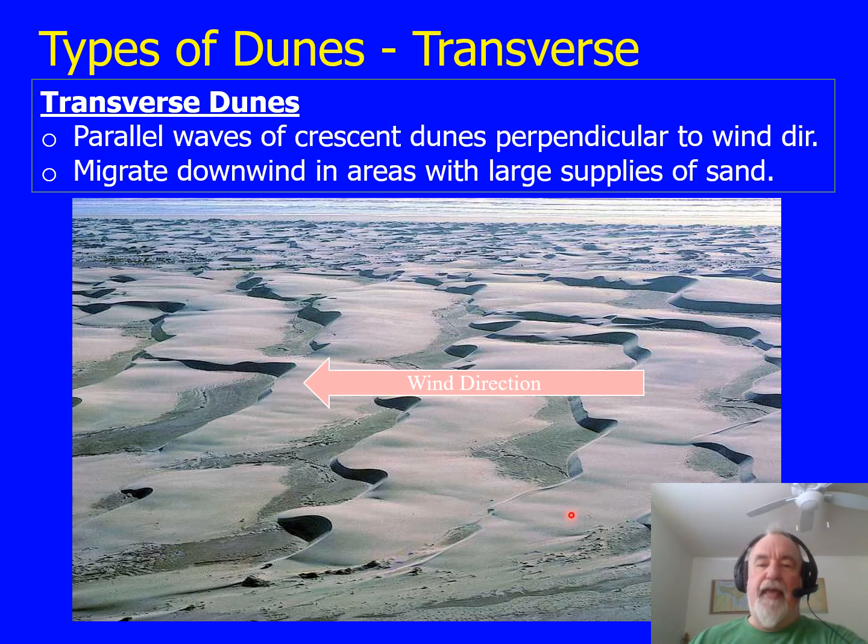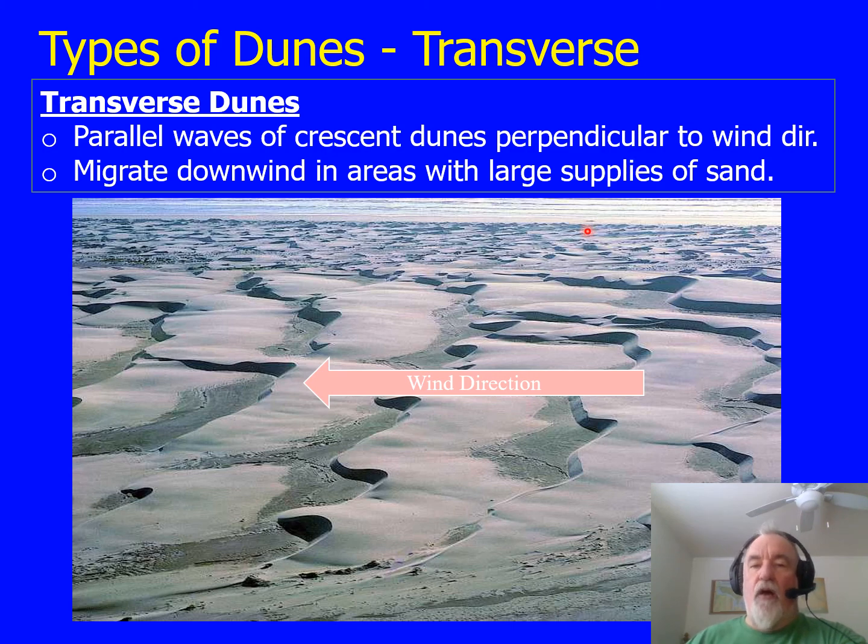Now we also get crescent dunes that create a field. They're basically connected to one another. And when we get them in parallel lines, we then refer to them as transverse dunes. So it'll be a Barkan dune, another Barkan dune, with the wind in this case moving from the right to the left, but with multiple dunes all joining up.